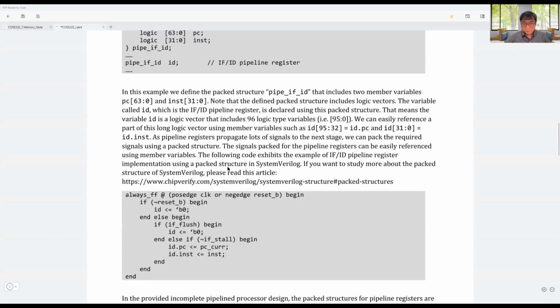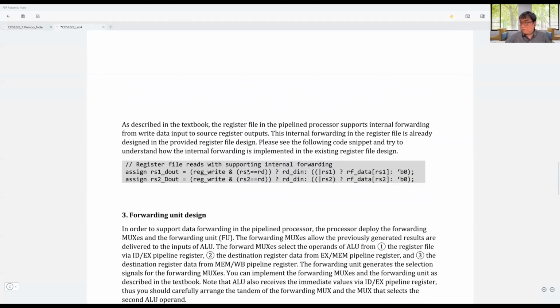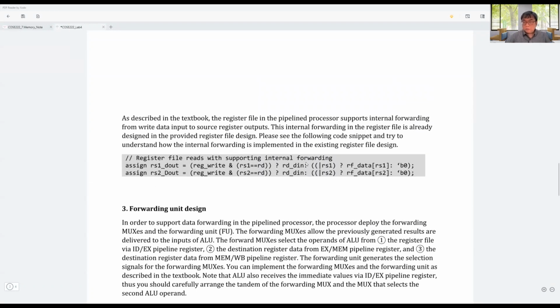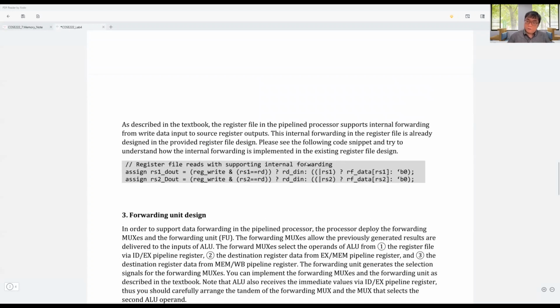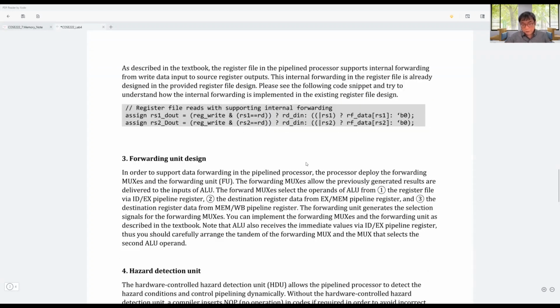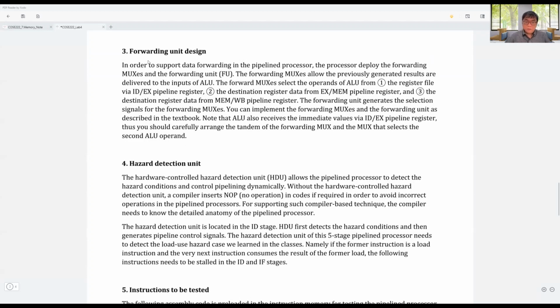As I explained about the internal forwarding of the register file, this internal forwarding is already implemented in the register file. However, you need to implement the forwarding unit and the hazard detection unit.